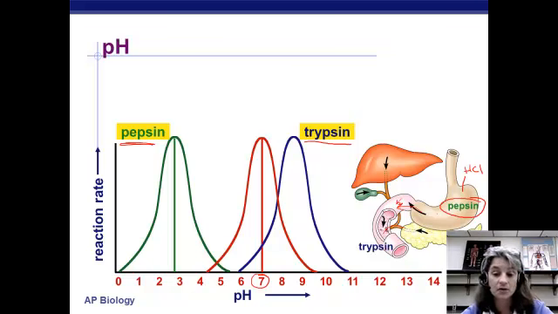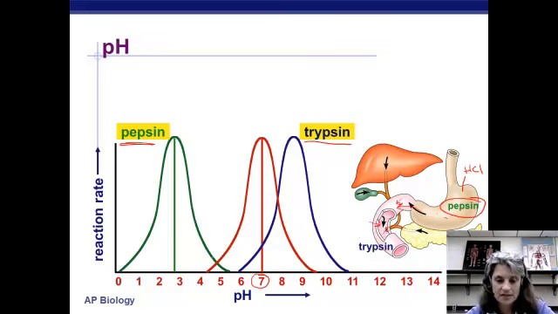So the conditions in the small intestine are quite different from conditions in the stomach. And in fact, you'll see a more basic solution in here, a higher pH solution than you would see in the stomach or even in the rest of your body.